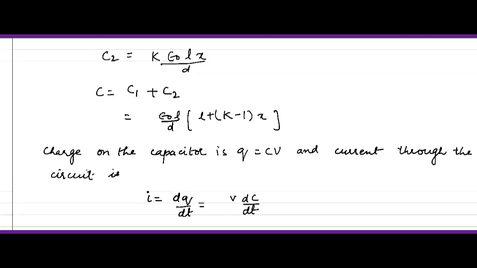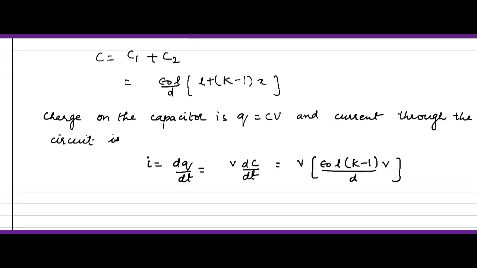So this value will be equal to epsilon naught V (K minus 1) v by d, where the value of small v is equal to dx by dt, and this is the speed at which the plates are being lowered.